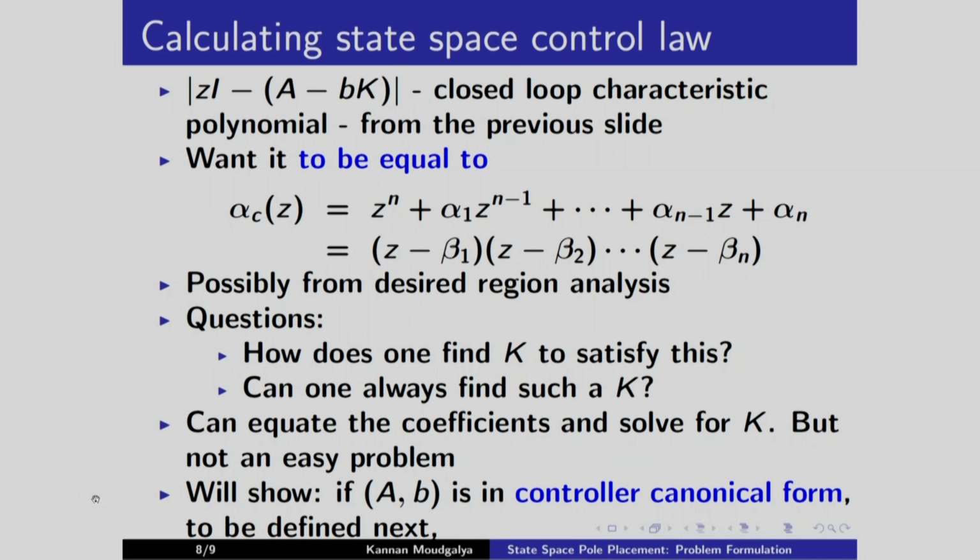We will show in this week that if A and B are in controller canonical form, which will be explained in a subsequent video, then k can be easily determined. That is, in general it is a difficult problem, but suppose A and B happen to be in a specific form, then it is easy to determine the unknowns k.